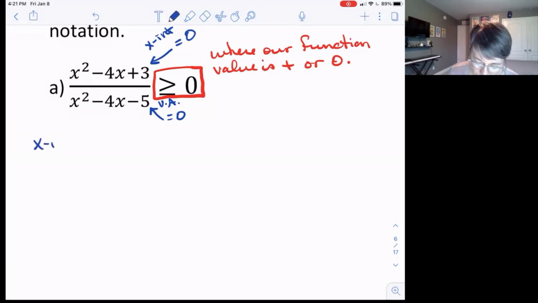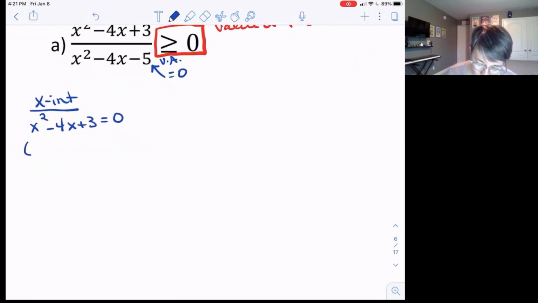Let's find our x-intercepts first. So we'll take the top, x squared minus 4x plus 3, and set it equal to 0. It is factorable. We get x minus 3 times x minus 1. And if we solve for our x's, we get x equals 3 and 1.